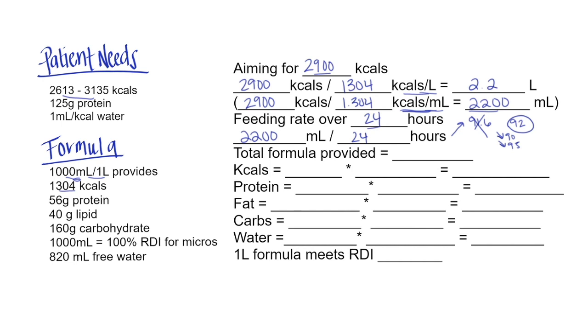And because I decided to round my initial calculation value, this means that I'm actually not going to be giving exactly 2200 mils anymore, which means I'm going to go back and do a little extra calculating again.